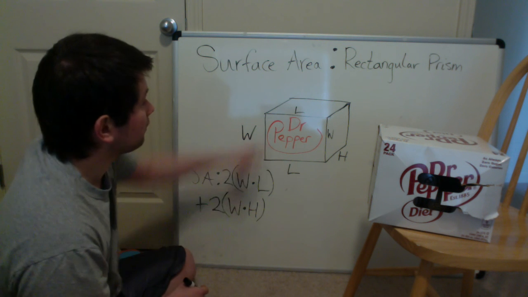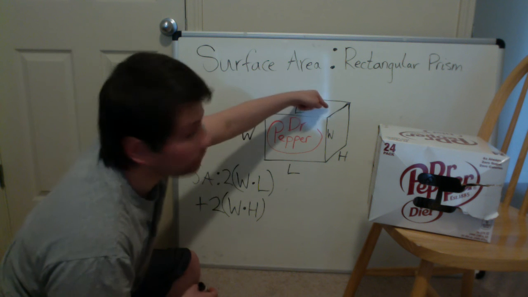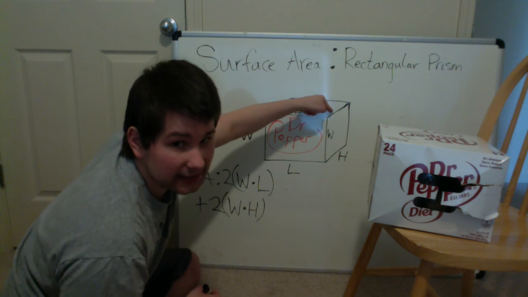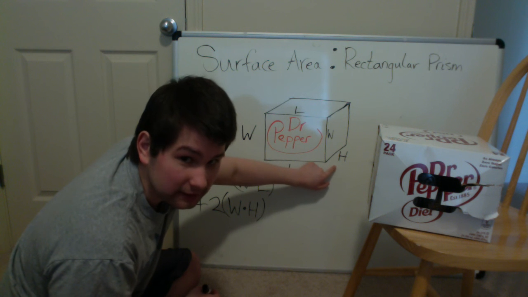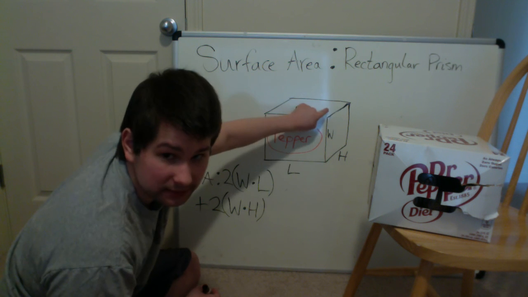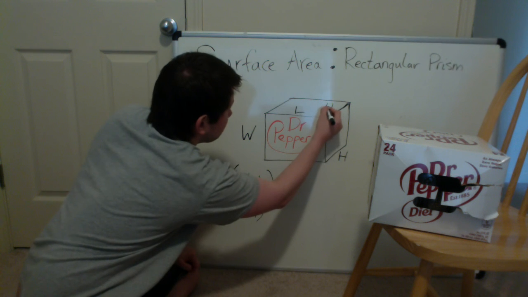Then we got to figure out, okay, what's this dimension? I actually think it's easier to look over here on the right because that side is going to be identical to what? The height, right? This has to be the height, this has to be the height. That's how rectangles work. So let's put that up there.